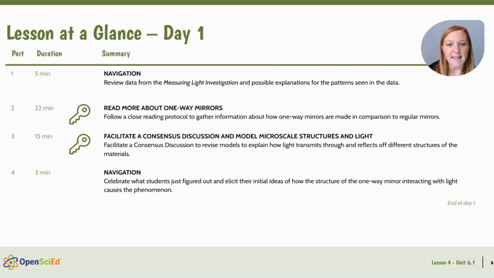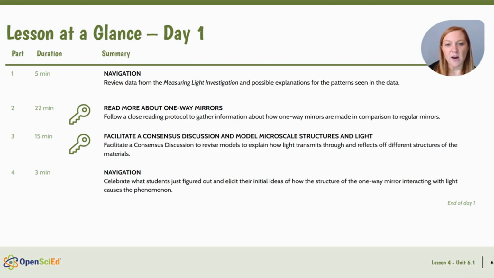We begin lesson 4 by reviewing the data from our measuring light investigation in lesson 3 and discussing the possible explanations for why we saw the things we did. So we're kind of brainstorming some ideas as to why that one-way material works the way that it does.